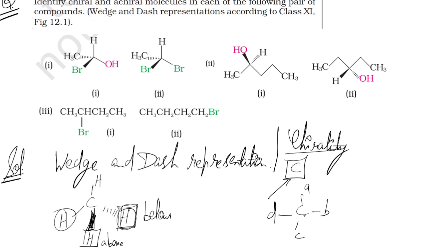These four different groups can be any alkyl groups, halogens, or any different atoms. If the carbon is attached to four different units, then you say that it is a chiral carbon.